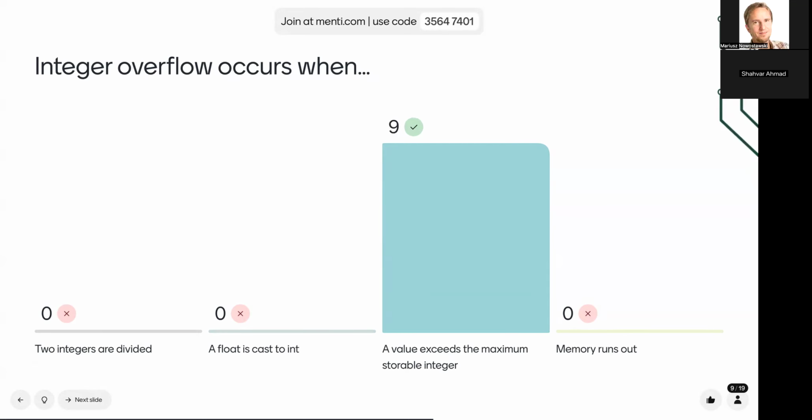All right, so overflow. Overflow is because we have a limited amount of space. So if I have 8 positions, so I have a byte and I can fill it up with ones, then I'm going to get to 255, right?